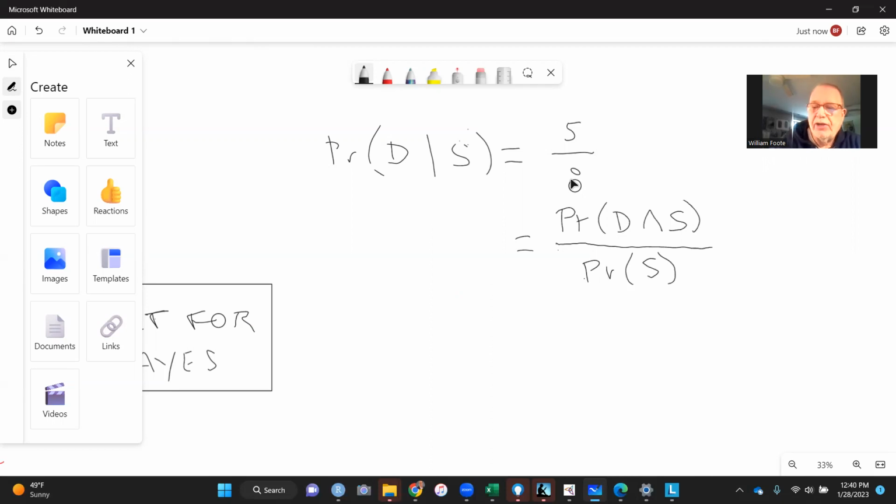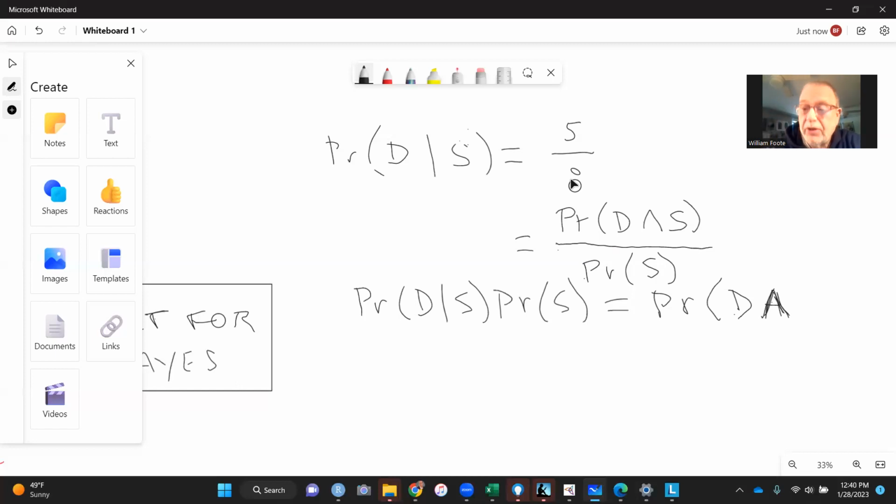Now, if we multiply both sides by the probability of S, we see that the probability of D given S times the probability of S equals the probability of D and, not or, writing the A, saying the or, dyslexic.